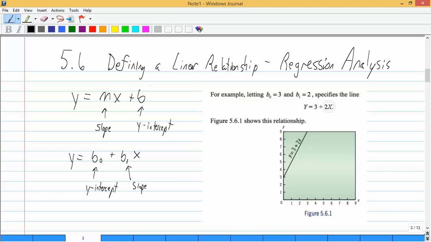Now in your mind, if you need to switch that around and graph the line that way, then you can, but just understand in statistics a lot of times it's written like this, traditionally. So it's the same line, same slope, same y-intercept. It's just these two terms that are reversed.